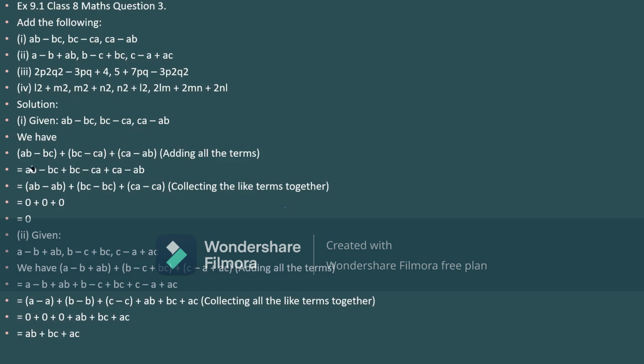First, you remove the brackets like that. AB minus BC, plus of plus is plus BC, plus BC, plus of minus is minus CA, plus CA, plus of minus is minus AB. So we can regroup it or we can directly cancel it.